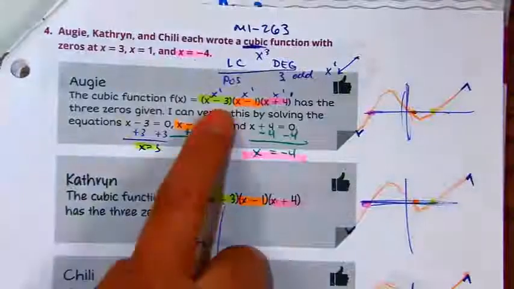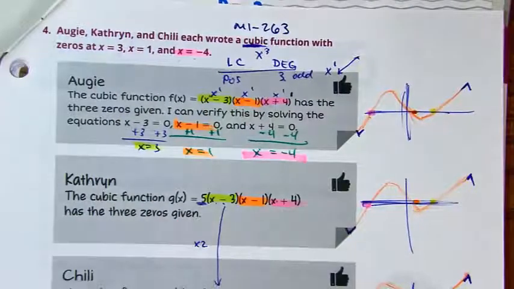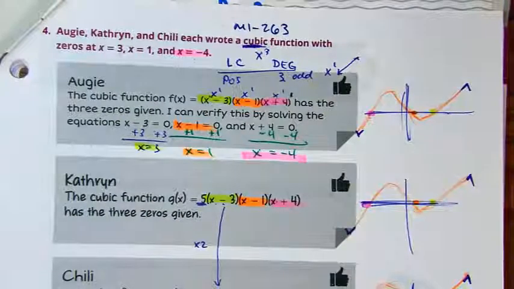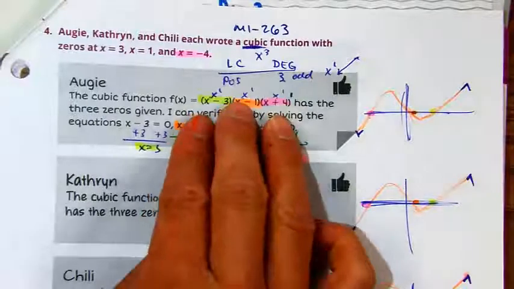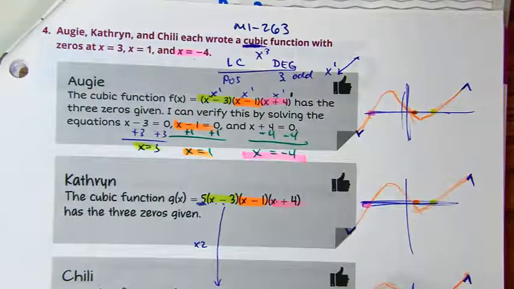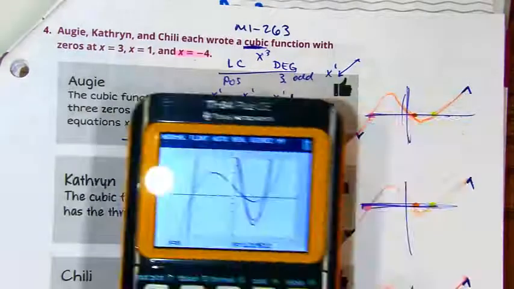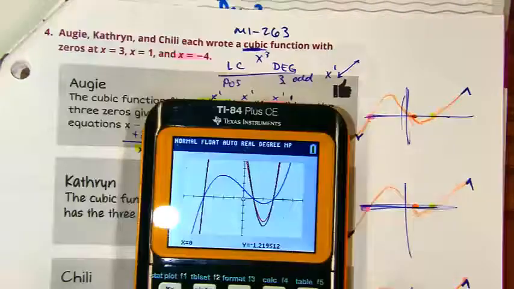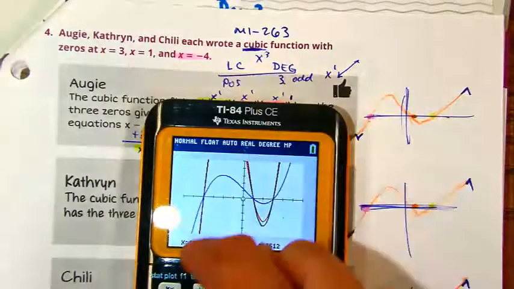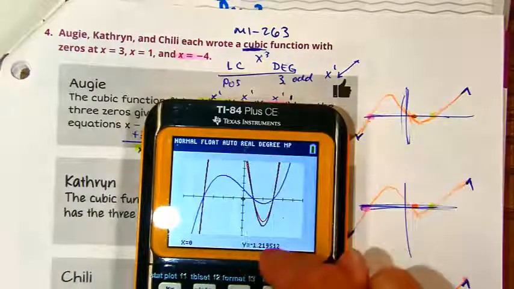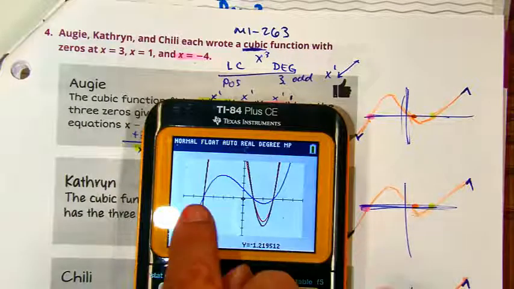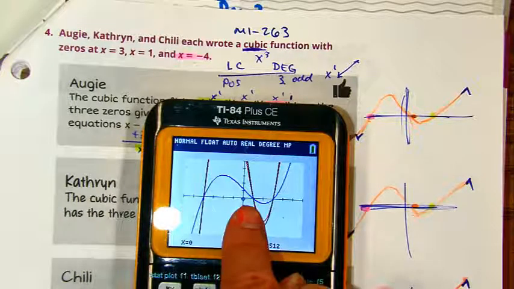The students, Augie, Kathryn, and Chili, all have different binomials. But when we graphed it, we recognize that Augie's graph, Kathryn's graph, and Chili's graph, some of them have a higher maximum or a lower minimum. But essentially the big idea is that where it crosses the x-axis doesn't change.